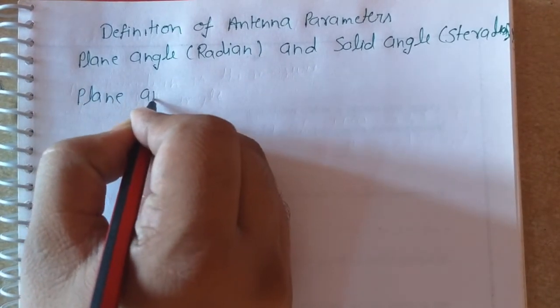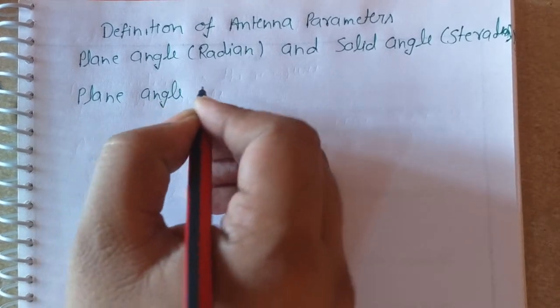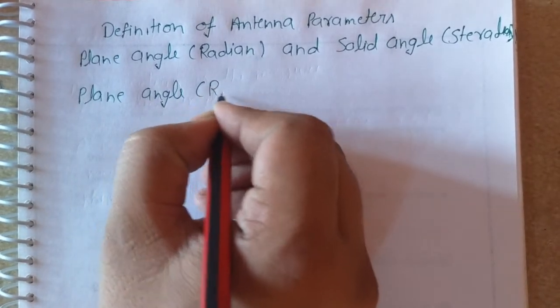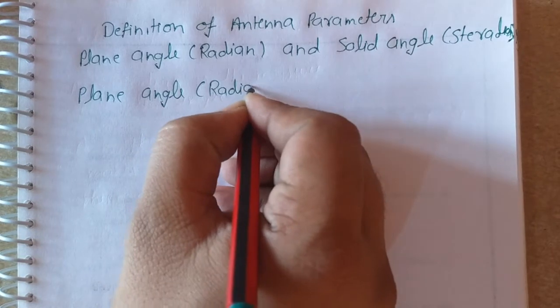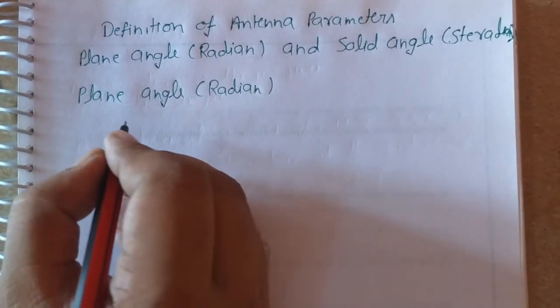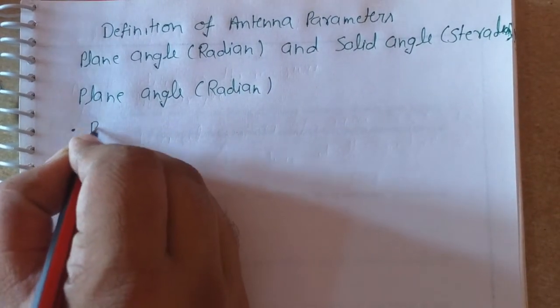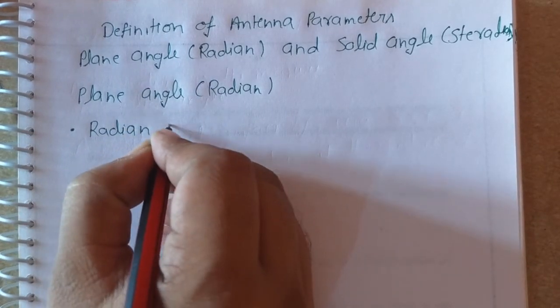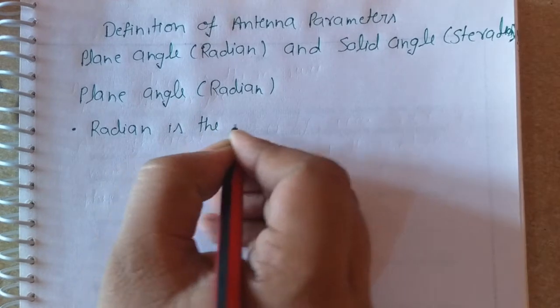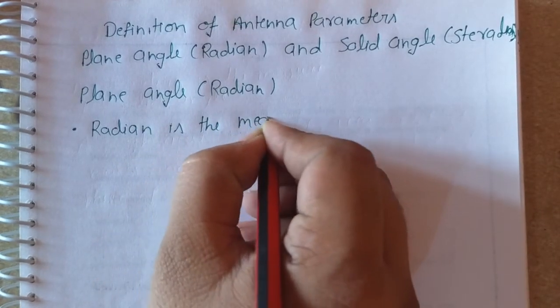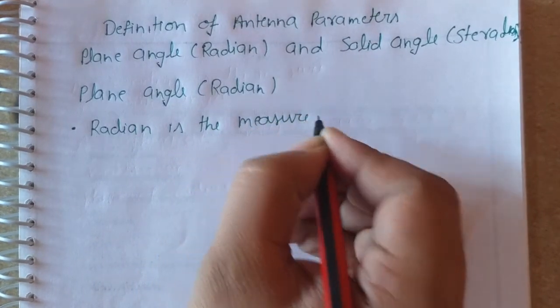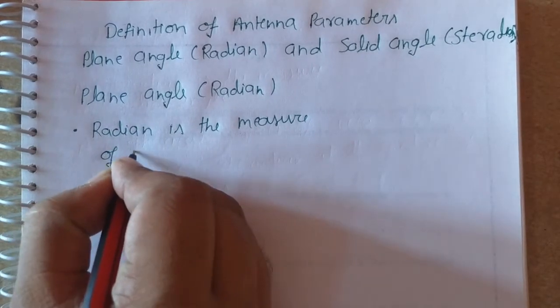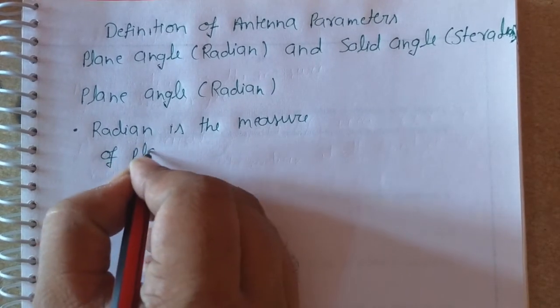Plane angle. The unit of plane angle is radian. Radian is the measure of plane angle.